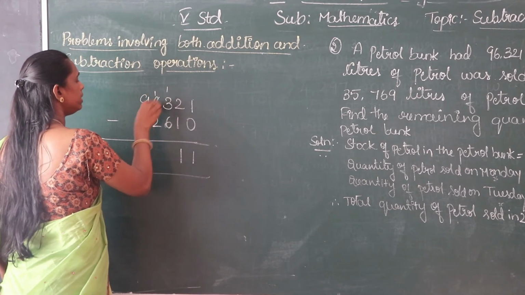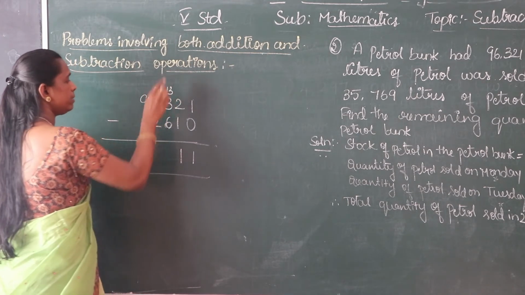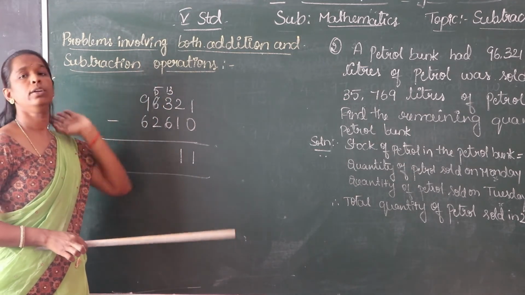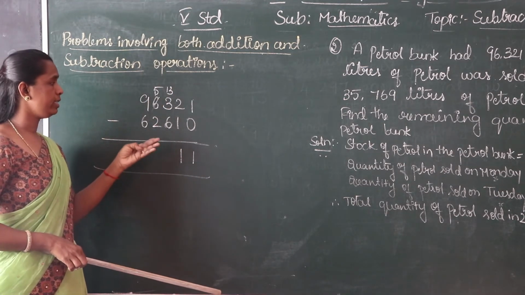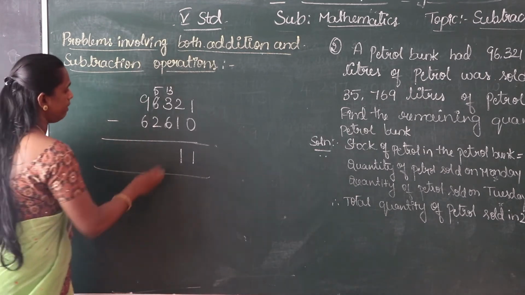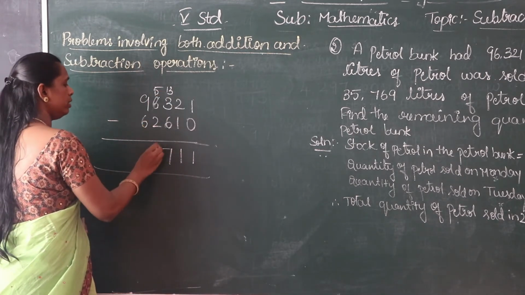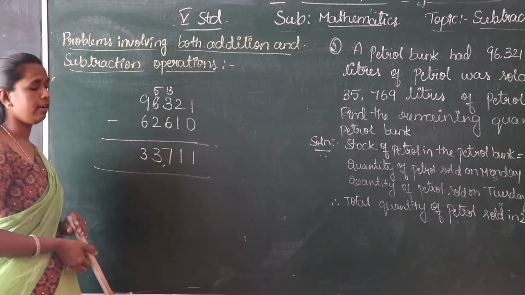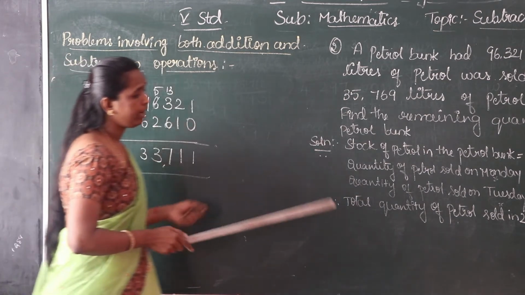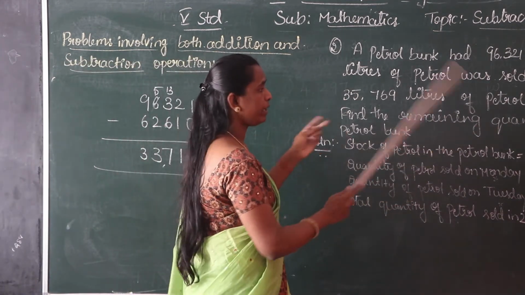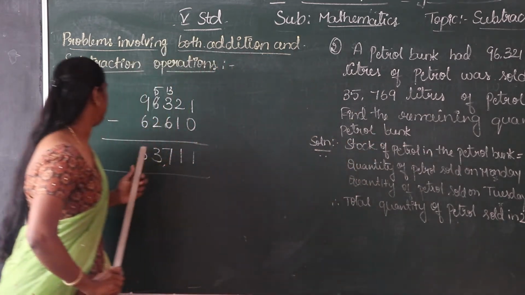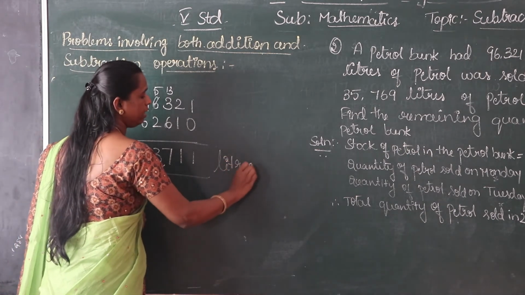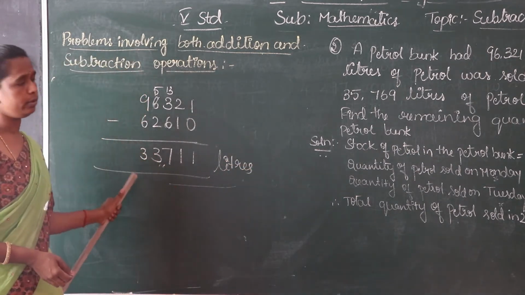So borrow from the nearest place. This becomes 5. This becomes 13. 13 minus 6: counting from 6 to 13, 7, 8, 9, 10, 11, 12, 13. Answer is 7. This 5 minus 2, 3. Then 9 minus 6, 3. Answer is 33,711. So the final answer: the remaining petrol in the petrol bunk is 33,711 liters.